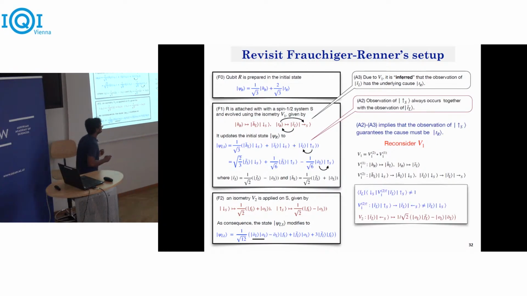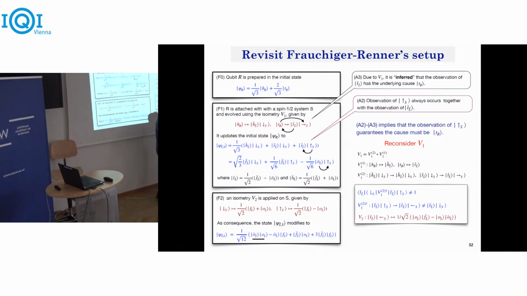Obviously from there you see that if you start with this state and apply the inverted unitary, it is a state of this kind, it's not this one. So you can really claim that this observation of TL is actually coming from this TR. That means your deterministic argument, based on which you come to this contradiction, actually fails.